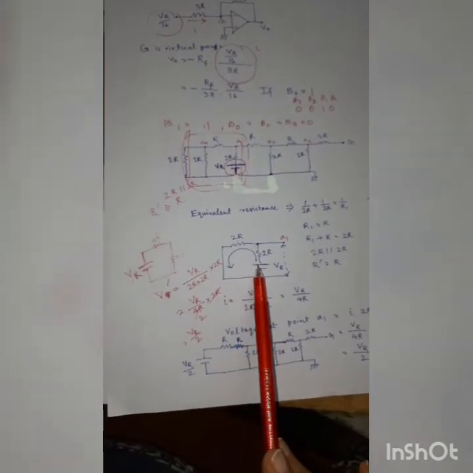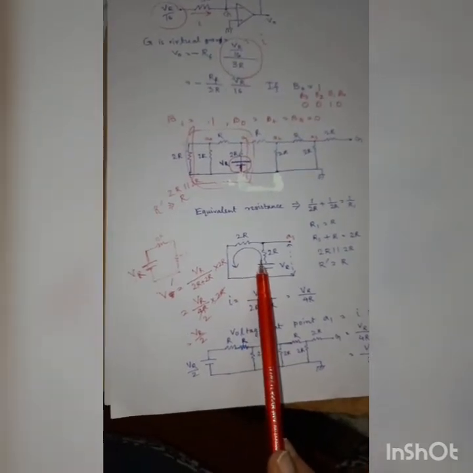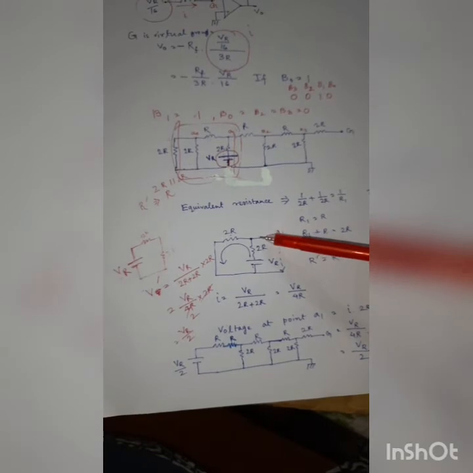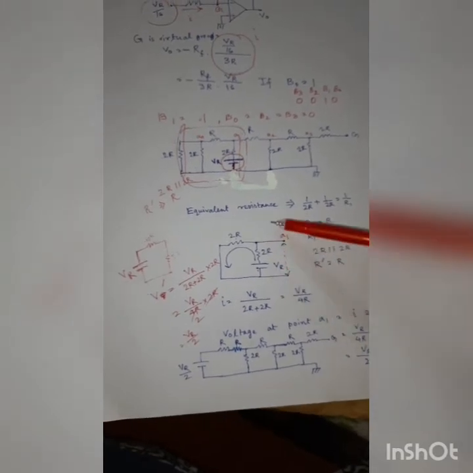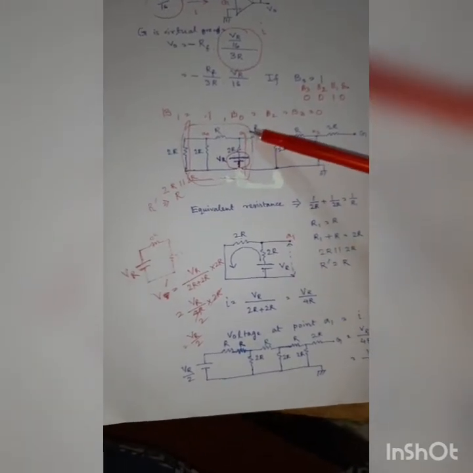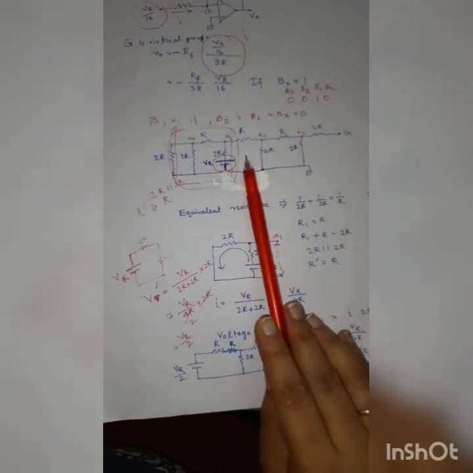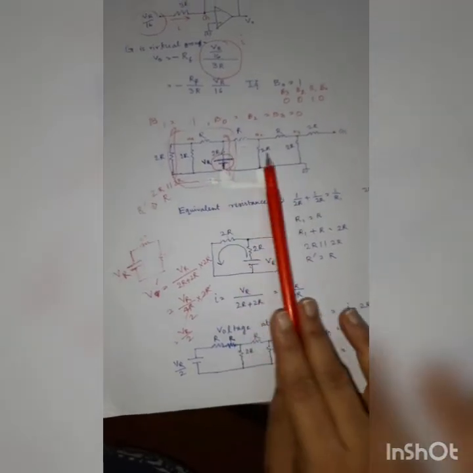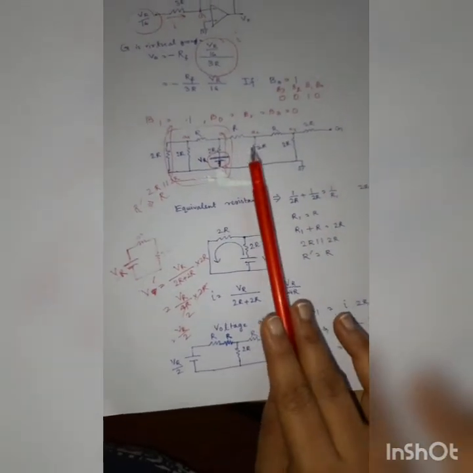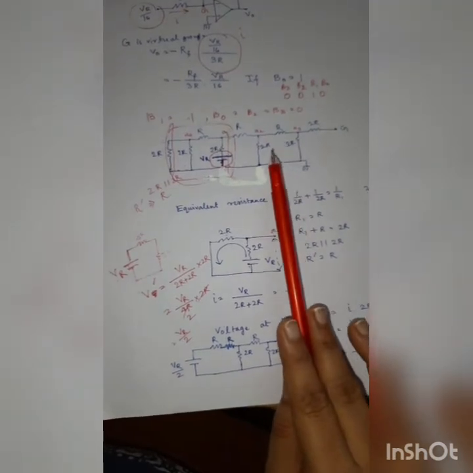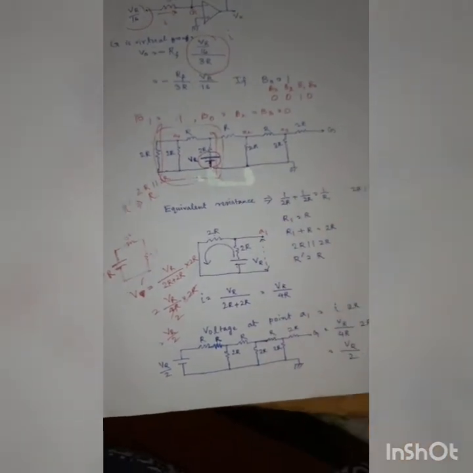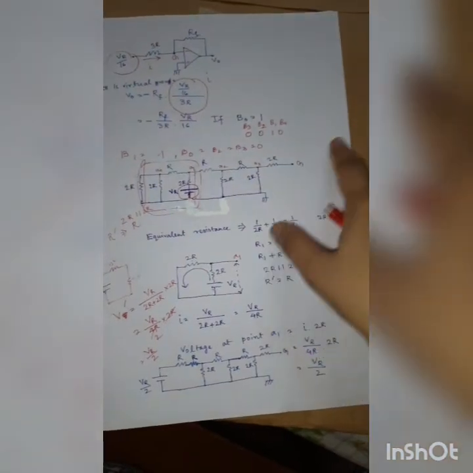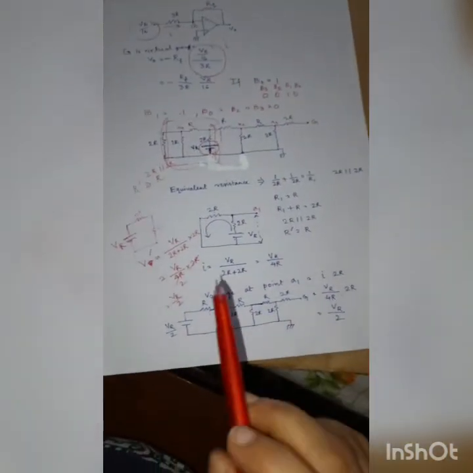So what will be the equivalent voltage at this point A1? Because that will go through the remaining part of the circuit up to G, right? And then it will follow the feedback path and so on.